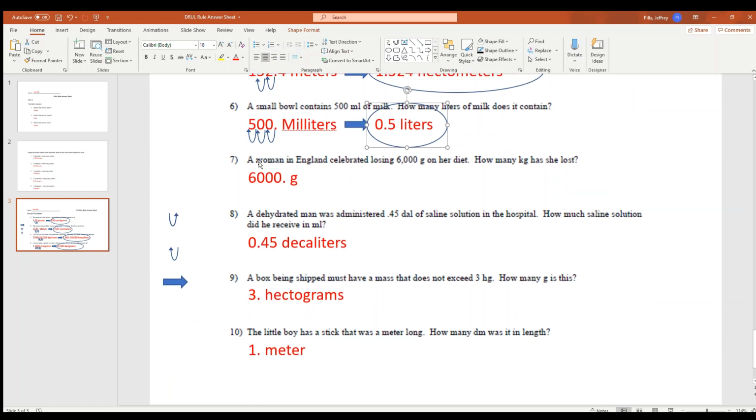All right. Number 7, a woman in England celebrated losing 6,000 grams on her diet. How many kilograms has she lost? So we have 6,000 grams, and we're going to move to kilograms, okay? To go from grams to kilograms, you have to go up the staircase. Because we're going up the staircase, we're going to move our decimal to the left. We're going up 3 steps, so we're going to go to the left 3 steps, okay?